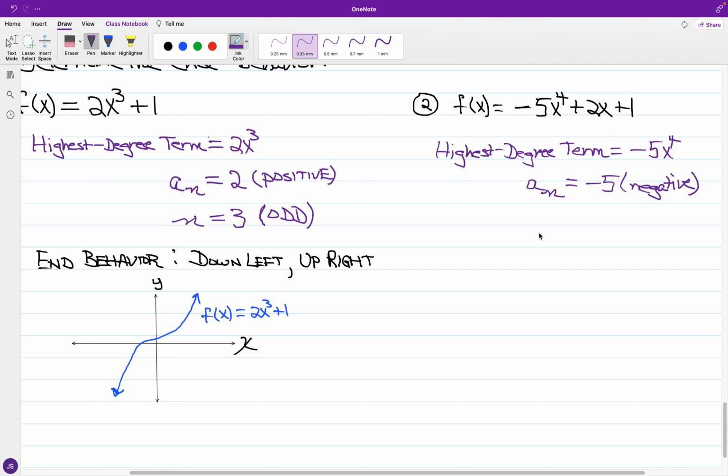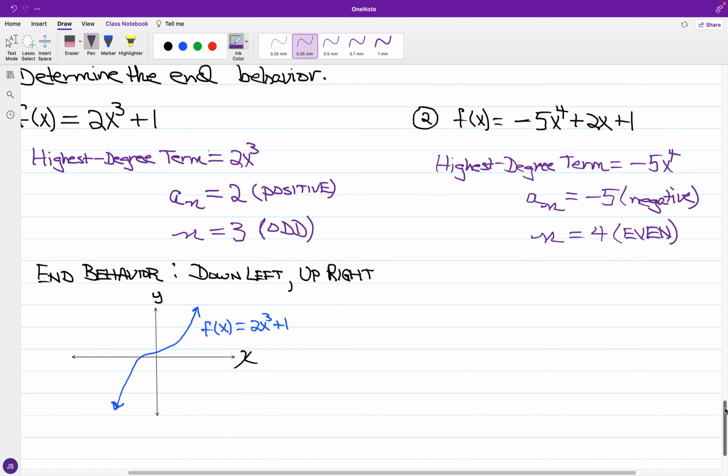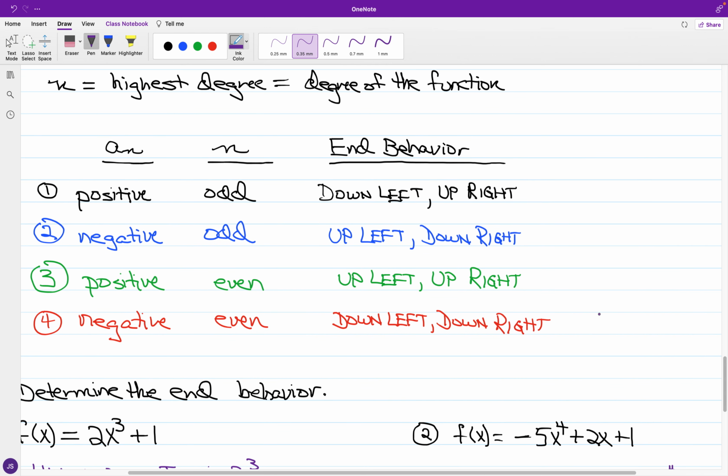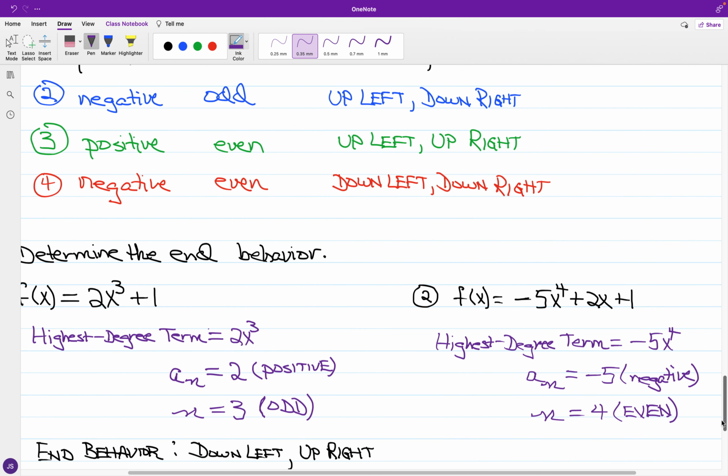And for the degree of the highest order term, that is going to be 4, and 4 is an even value. So we've got a negative leading coefficient, and the degree, again, is even. So for the end behavior, you have negative and even: down to the left and down to the right.